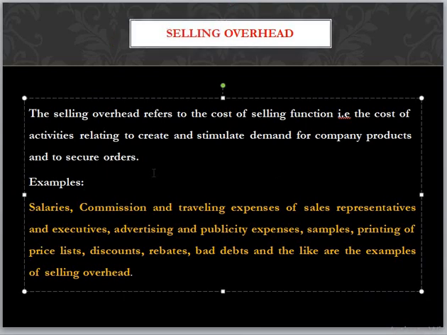For instance, selling expenses may include the rent of the shop, the selling agent's commission, the advertisement cost, depreciation on delivery van, and all these things can be included in selling overheads. Some examples are salary to the selling staff, commission and traveling expenses of sales representatives and executives, advertising and publicity expenses, samples, printing of price list, discounts given to customers, rebates, bad debts, and the like are examples of selling overheads.